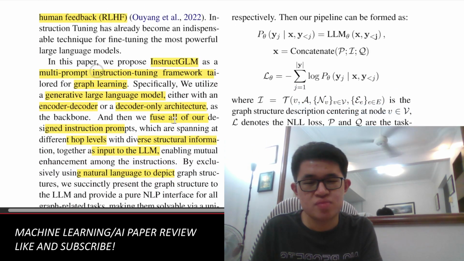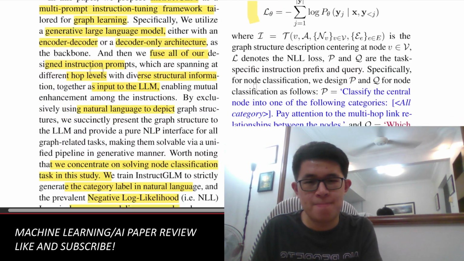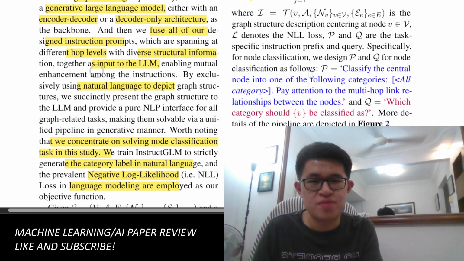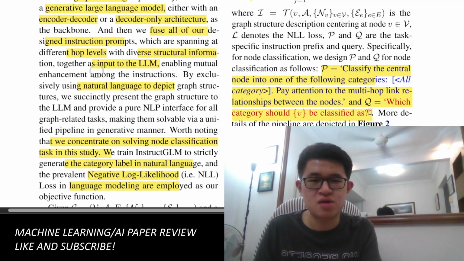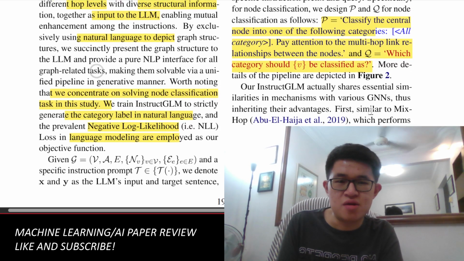This is the NLL loss function. And the prompt is something like this. Classify the central node into the following categories, blah, blah, blah. Pay attention to the multi-hop link relationships between the nodes. And the question would be, which category should the node be classified as? So that's the problem that I fed in there.